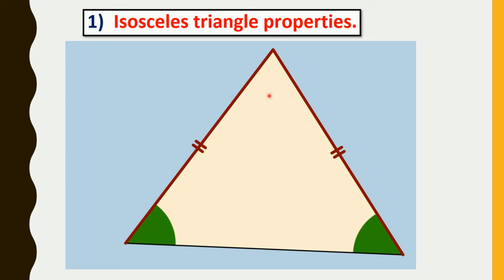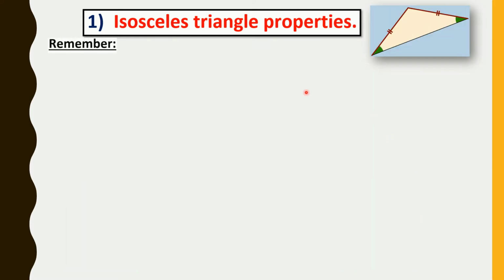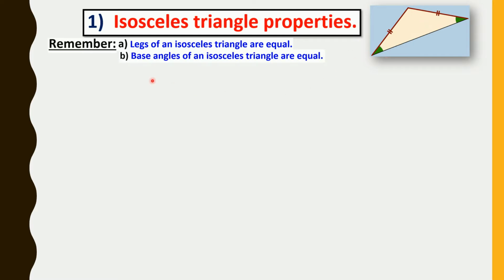The side opposite to the main vertex is called the base of this isosceles triangle, and the two base angles are equal. So let's remember, legs of an isosceles triangle are equal, and the base angles of an isosceles triangle are equal.